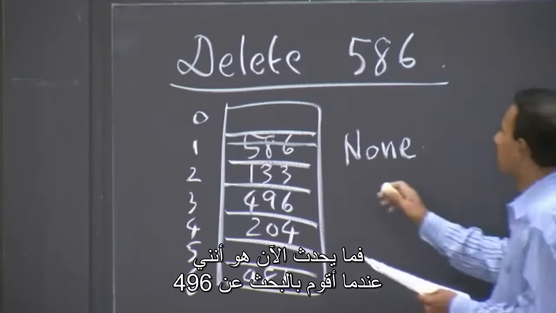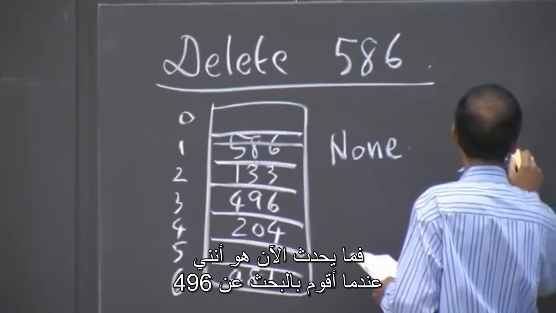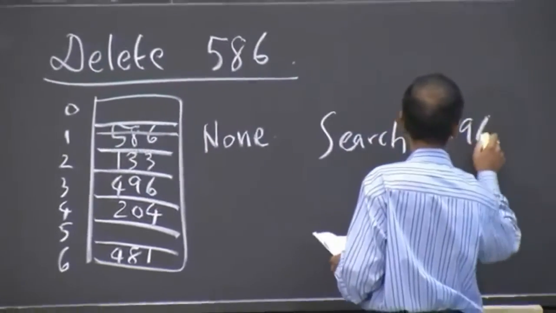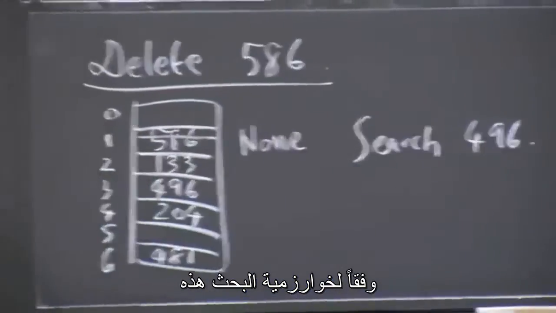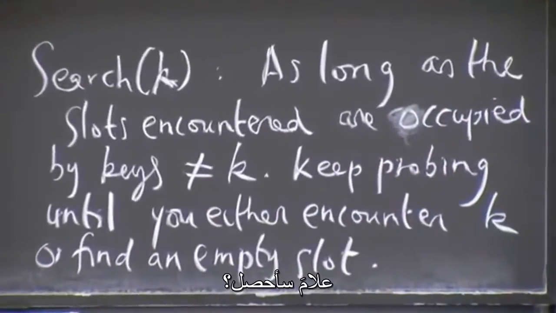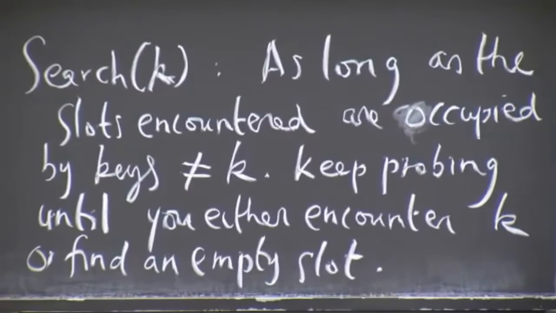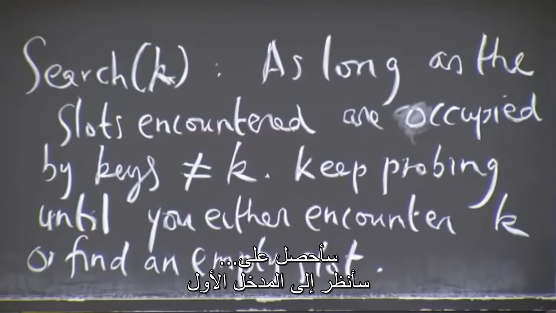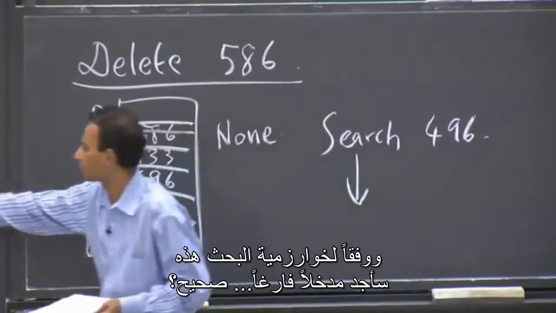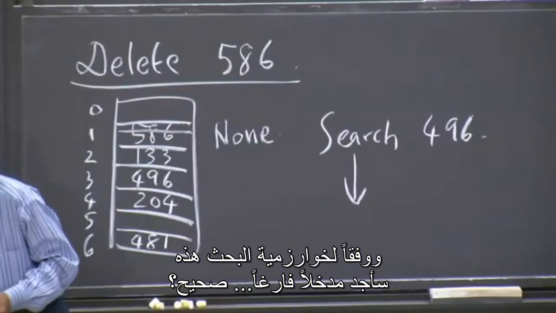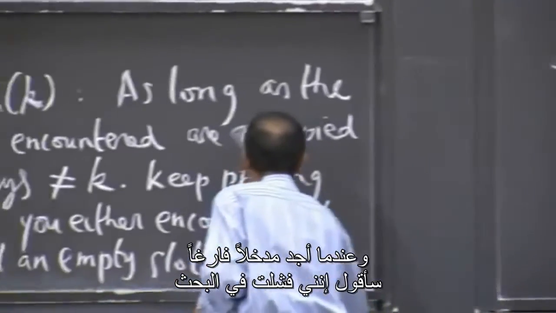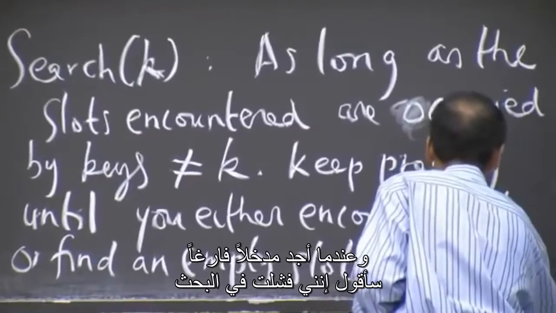Now, what happens when I search for 496, according to this search algorithm? The first slot I'm going to look at is 1, and I find an empty slot, and when I find an empty slot, I'm going to say I failed in the search.